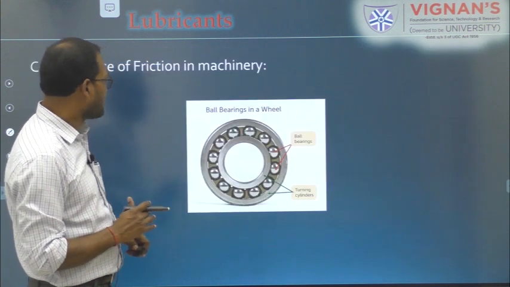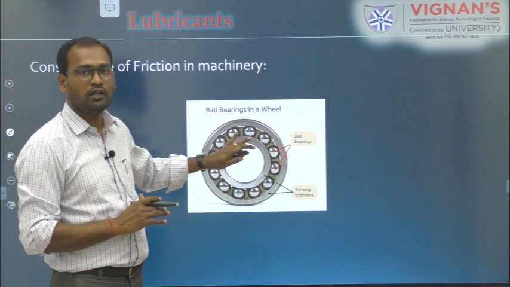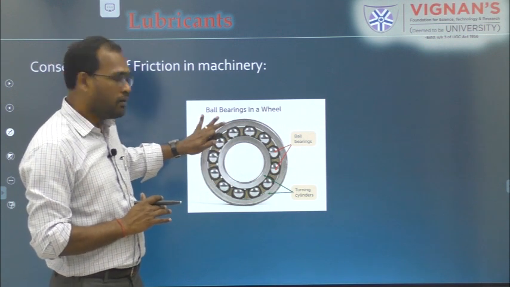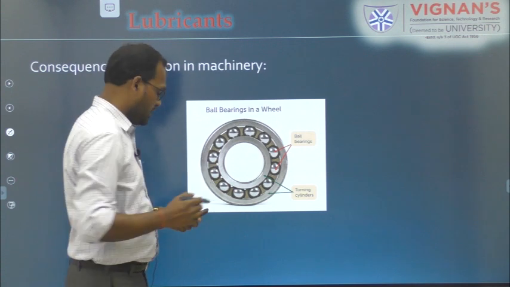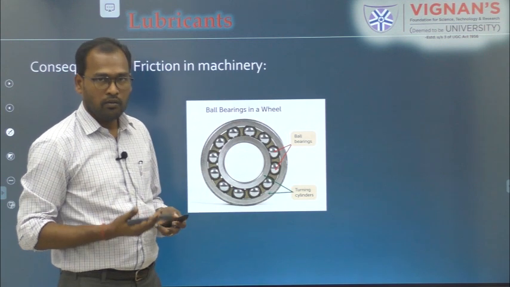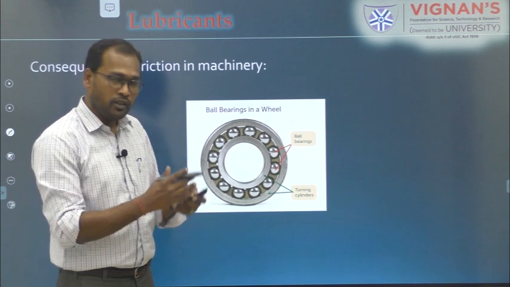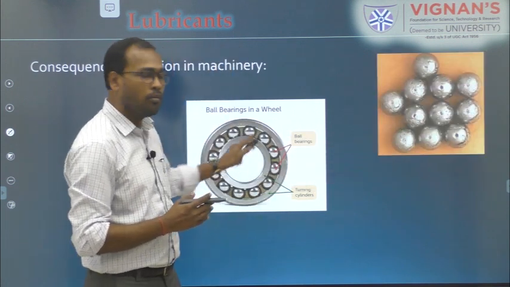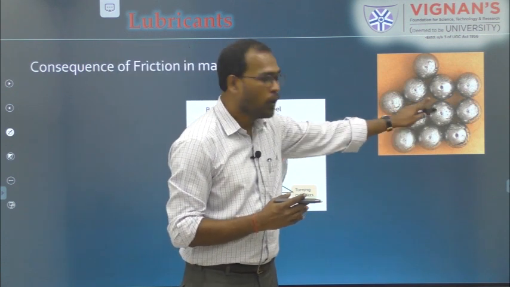So moving on to the next slide. This is a ball bearing, and I am going to tell you what the consequences of friction are, right? So this is a very well working ball bearing, which has got balls and a bearing. Once it is used, after a few hours of working, after a few years of working, this was dismantled, and you can see the balls rotating in this ball bearing, instead of being a very smooth surface, got some holes in it, right?